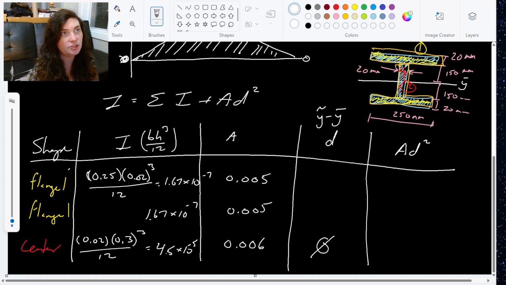But for our flanges, they do have a different centroid. Right? Their centroid occurs halfway through this beam, 10 millimeters into this beam. So that distance away is that 150 millimeters plus that 10. So their centers are 160 millimeters away from the center.